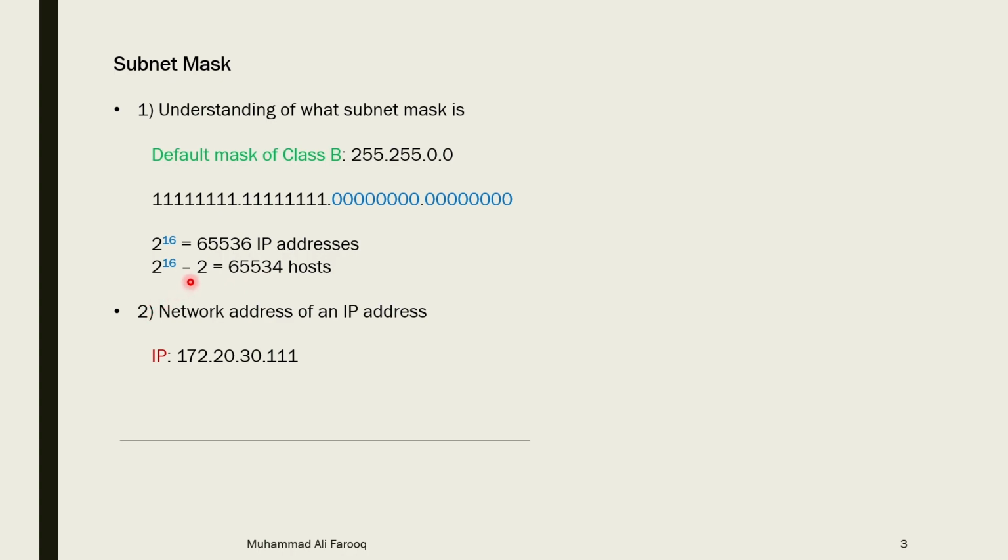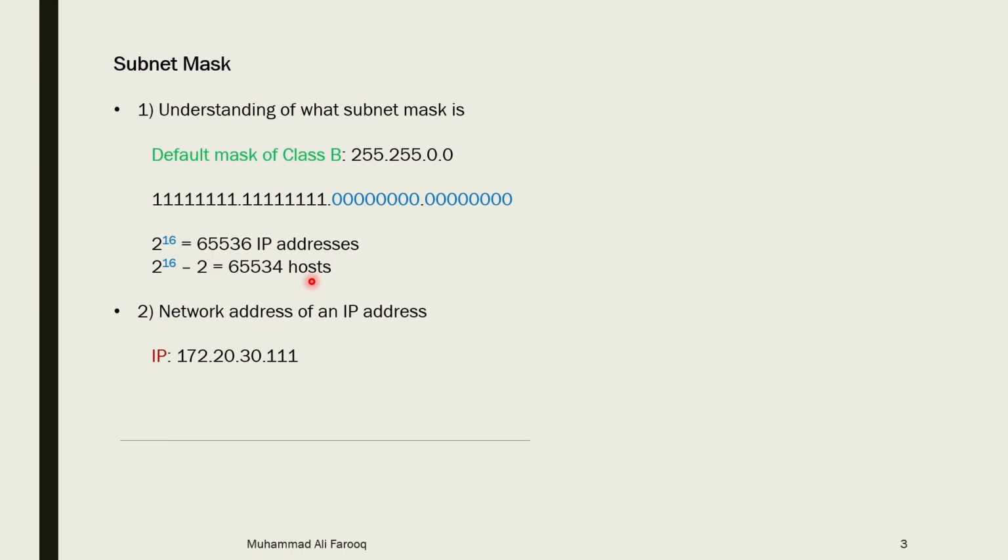When we subtract 2, we actually get 65534 hosts, since there are two kinds of IP addresses which we cannot use: one is the network address, and the other is the broadcast address. We cannot use those, so we subtract 2 to get the number of hosts.